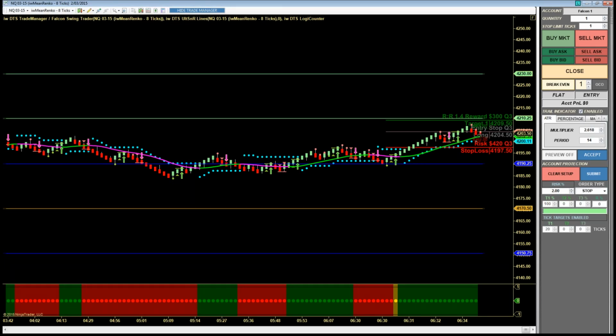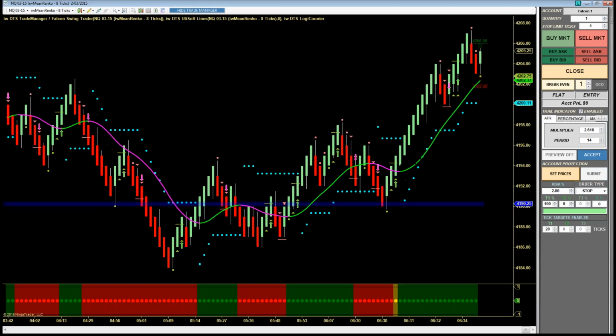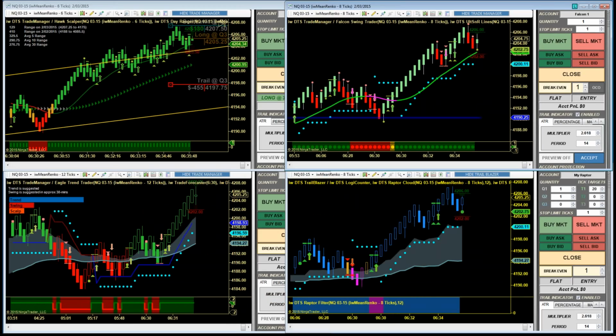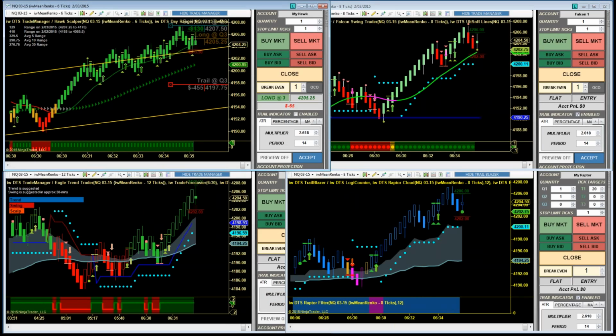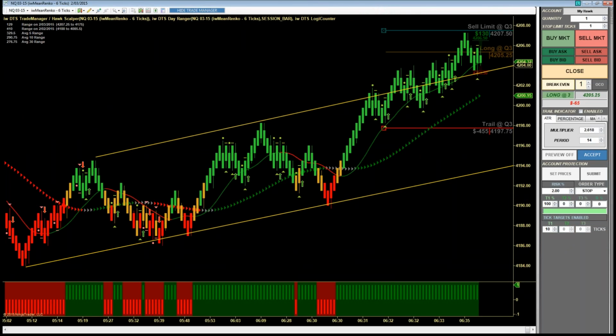It tends to be that the lines above and below, the primary resistance, primary support, tend to be fairly strong. And then once it gets past those, well, then we have a little bit more freedom between the lines.